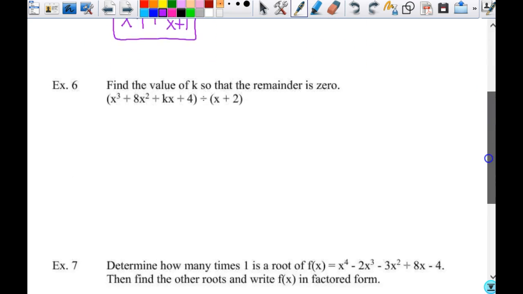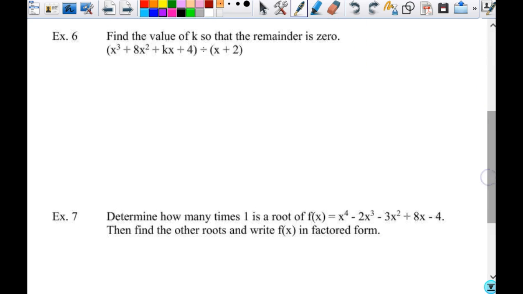Now, the next one says find the value of k so that the remainder is 0. So it gives you this, but we don't have a number there, we have k. But just like anything else you do, we don't just freak out because there's a variable, right? We do the exact same thing we've been doing. So I'm going to take this x plus 2, and I'm going to put my negative 2 right here.